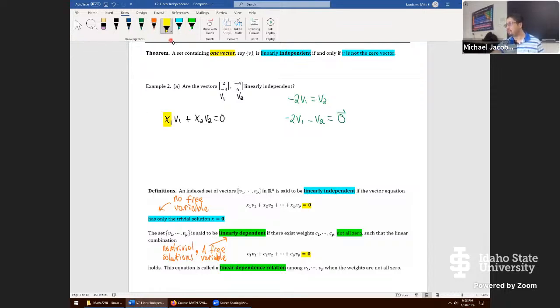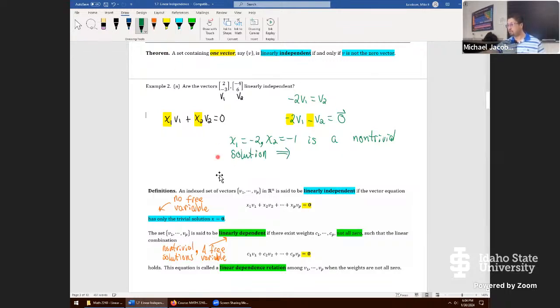And the moment we've done that, we have found not only a dependence relation, we found the non-trivial solution. x1 should be -2 and x2 should be -1. I should say that differently. We found a non-trivial solution. There are now infinitely many more. So x1 equals -2, x2 equals -1 is a non-trivial solution.